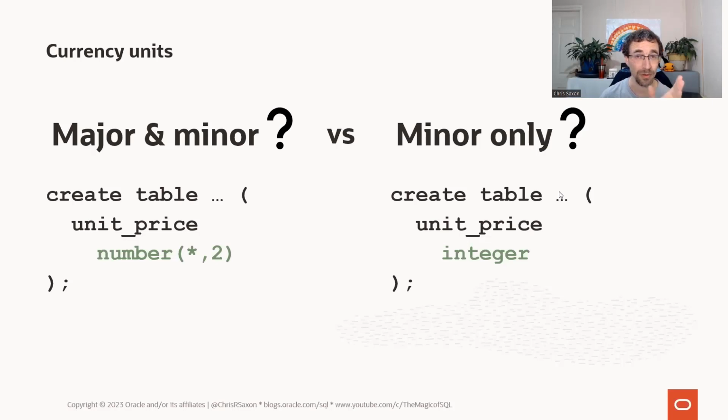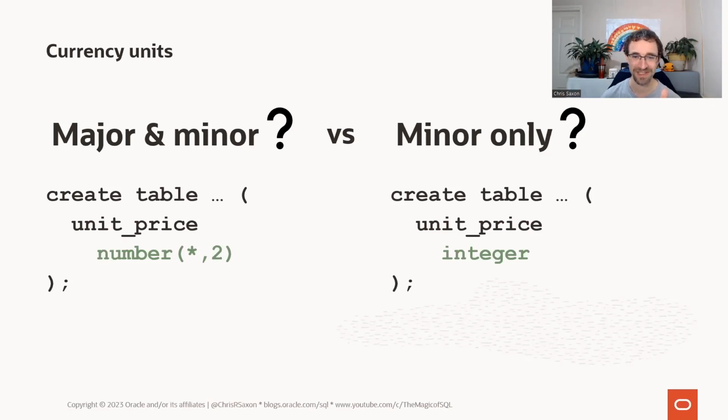Or we can store it all in the minor unit, store it in pennies or cents or whatever you consider. So if I'm storing it as pounds and pence, I'm saying it's a number with two decimal places, and those two decimal places are the pennies or the cents or whatever it is. Or we can store it all just in pennies or whatever the minor unit is for your currency.